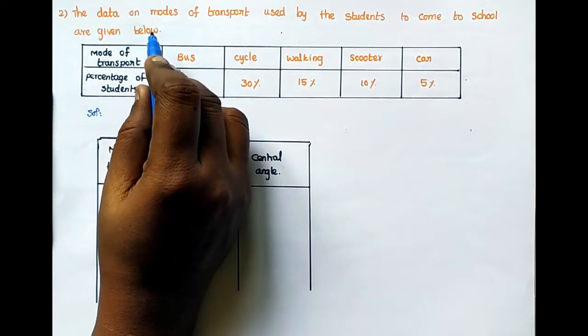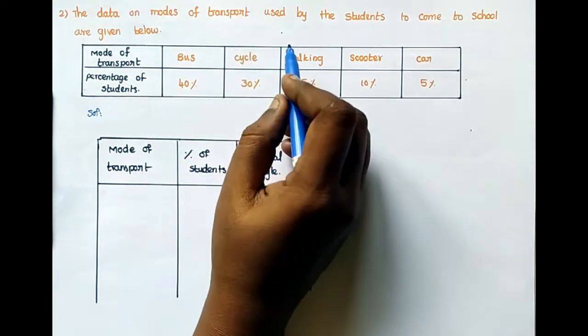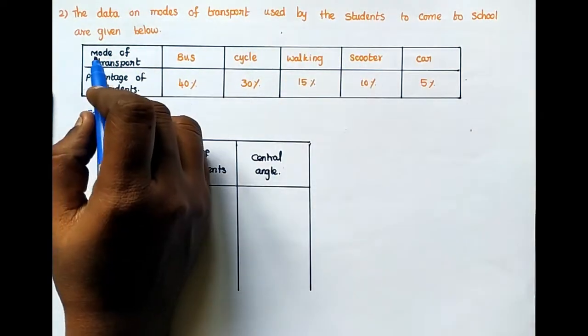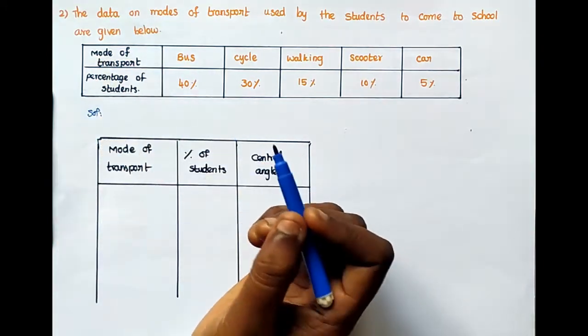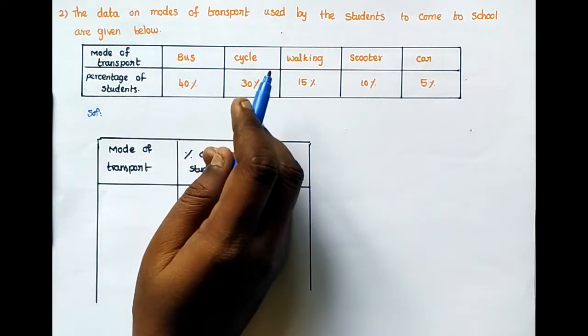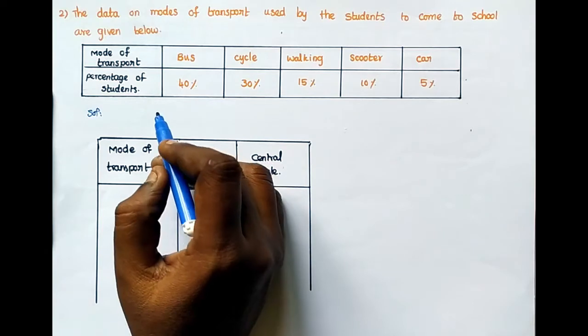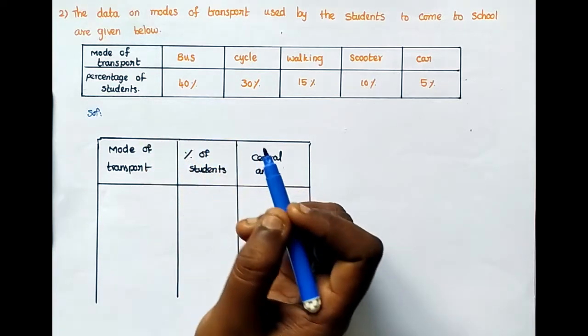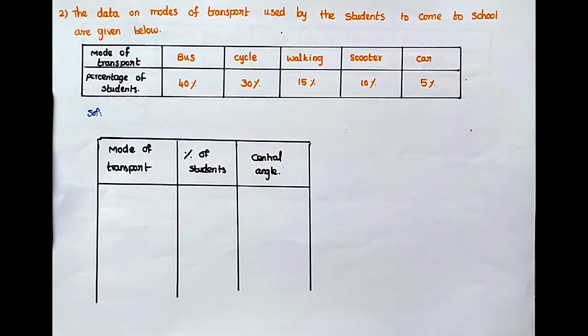Second sum, the data on mode of transport used by the students to come to school are given below. Mode of transport: bus, cycle, walking, scooter, car, and they have given the percentage of students who come to the school by the transport.